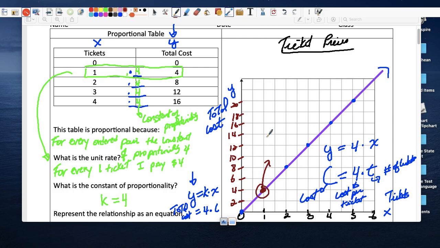The ordered pair 1, 4 represents the unit rate, where 1 is the one ticket, and 4 represents the price per one ticket. And notice that this 4 and these 4 are all the same, so this 4 is also known as your constant of proportionality.